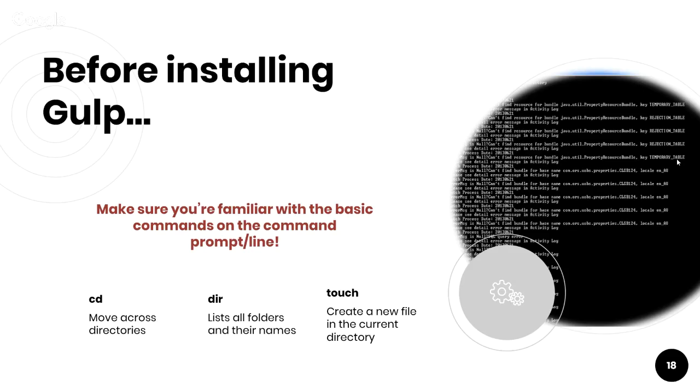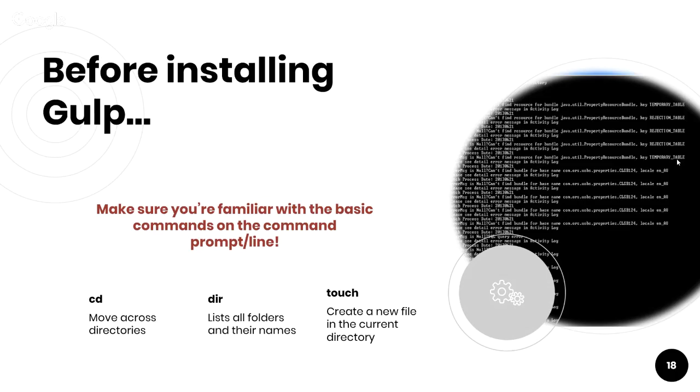If we want to go back, we just type cd followed by two dots. If you're on a Mac, you'll have to research what commands are used on macOS. I think most of them are pretty similar, but there are some that are different. So definitely check that out if you're on a Mac.